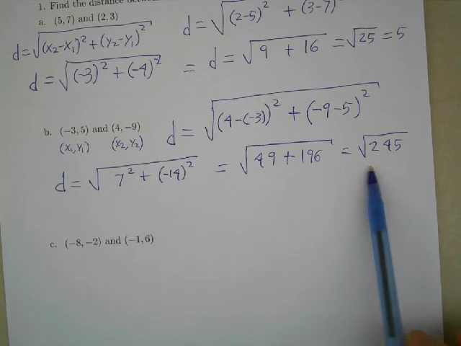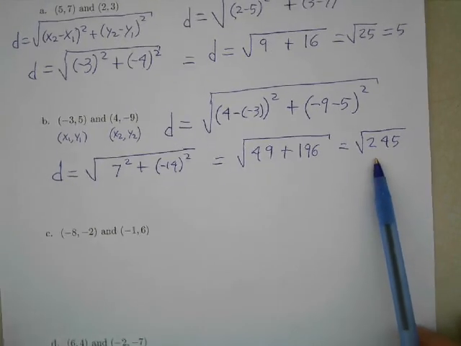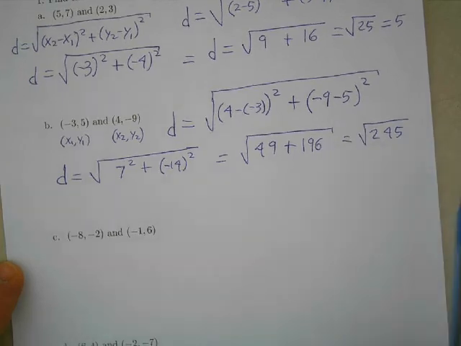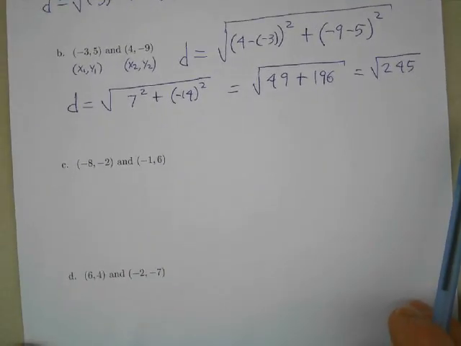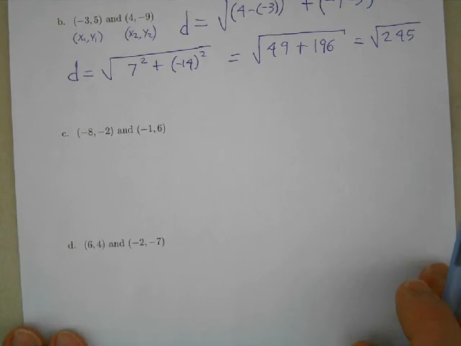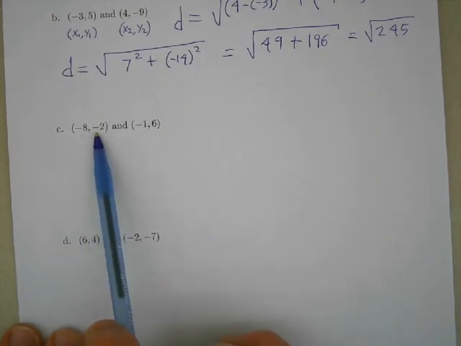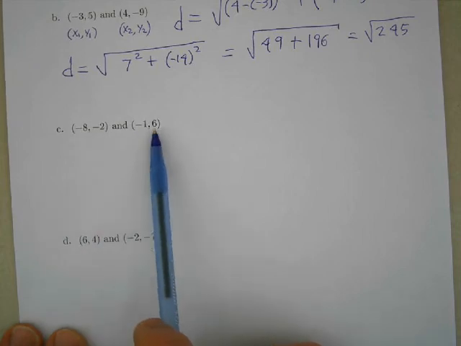So we'll leave it in this form right now. You can work on simplifying that if you can. But let's get to a couple of other examples. Find the distance between negative 8, negative 2, and negative 1, 6.